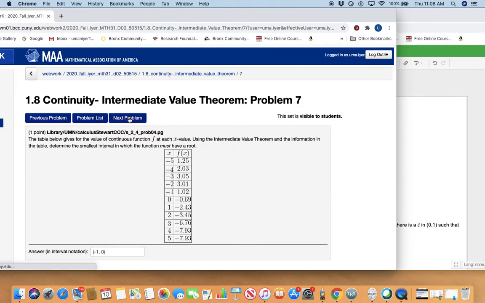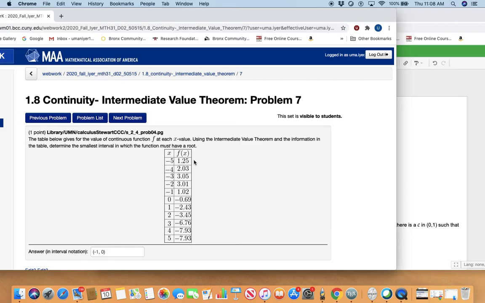Next problem. The table below gives the value of a continuous function f at each x value. Using the intermediate value theorem and the information on the table, determine the smallest interval in which the function must have a root.